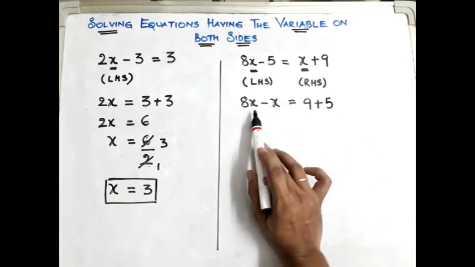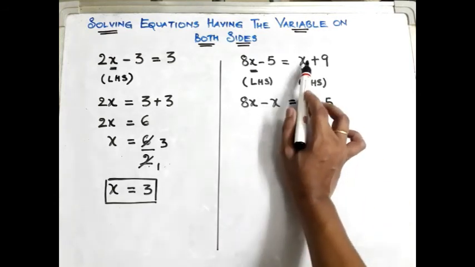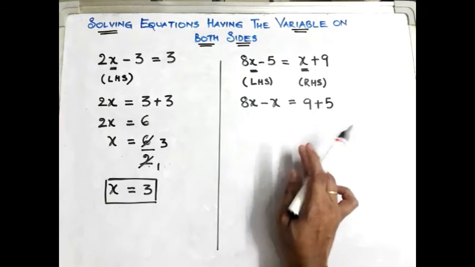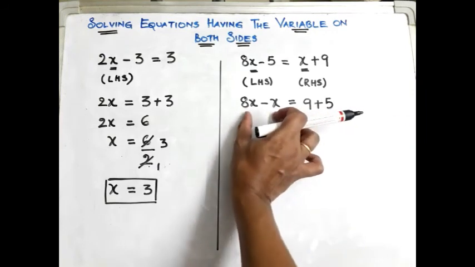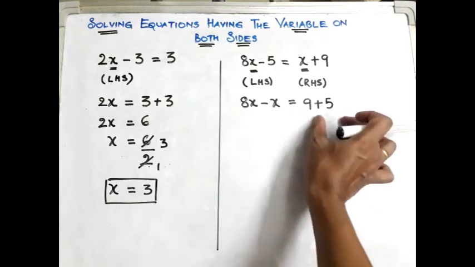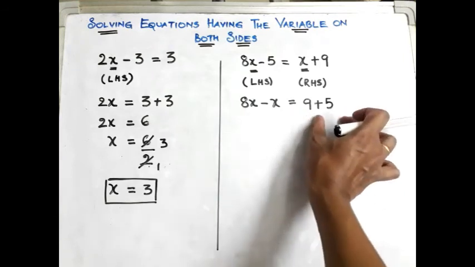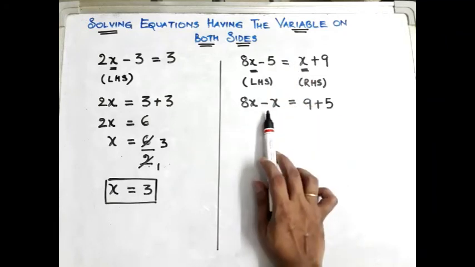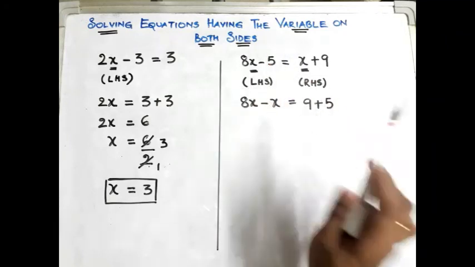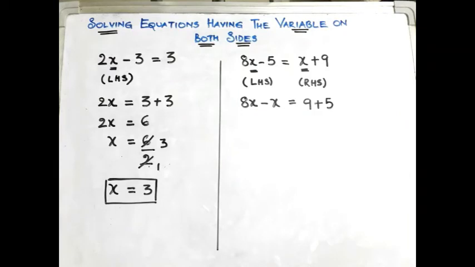To solve for the value of x, in the first step, I managed to bring the like terms to one side. That means variable terms on the LHS and the constant terms on the RHS. So plus x, if we transpose it to the other side, became minus x, and minus 5, if we transpose it to the other side, became plus 5.